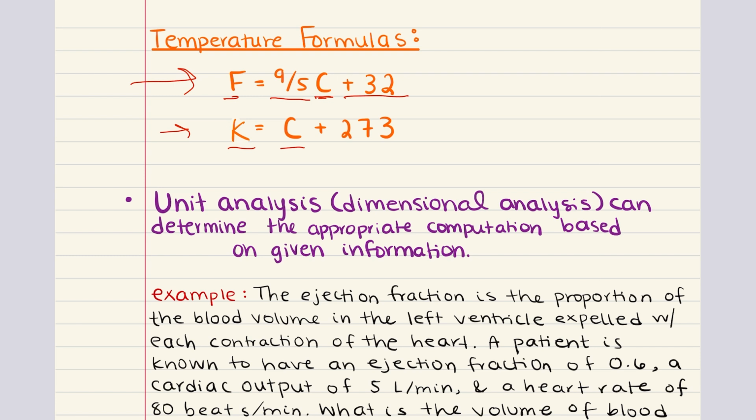In dimensional analysis, units are treated like algebraic variables that can be multiplied, divided, or canceled out. This means that every step in our calculation is guided by the units, and that helps us verify that the answer makes sense and is expressed in the desired form.